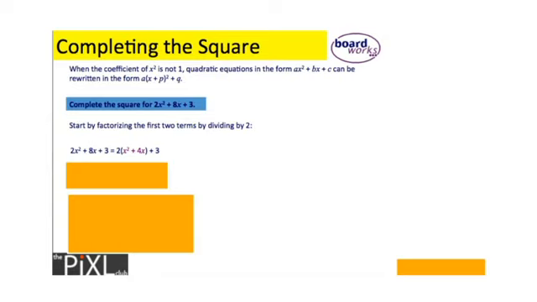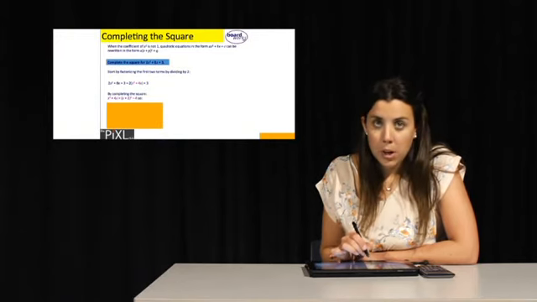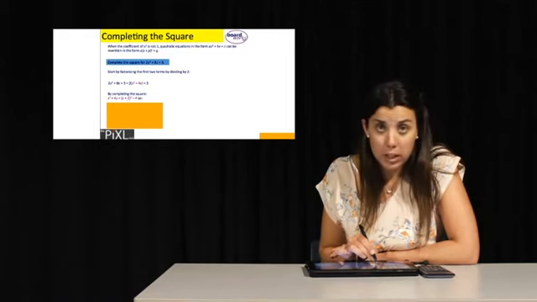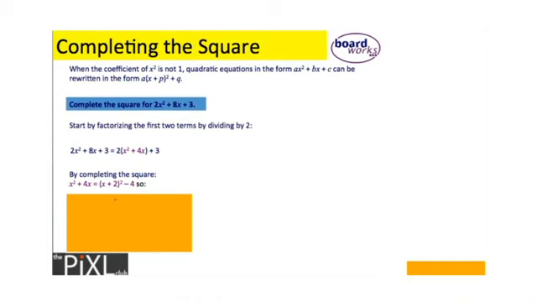Okay, now let's look at our next step. We then complete the square. So when we complete the square here, we have inside the bracket the 2. The 2 comes from the same reason as before, dividing the coefficient of x, that's 4, by 2, and putting it inside the squared bracket with the x. We have x plus 2 all squared.